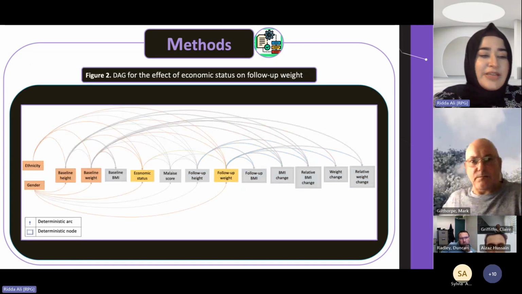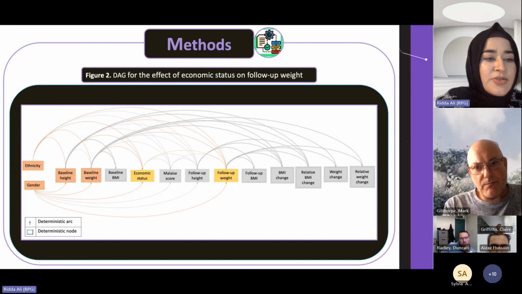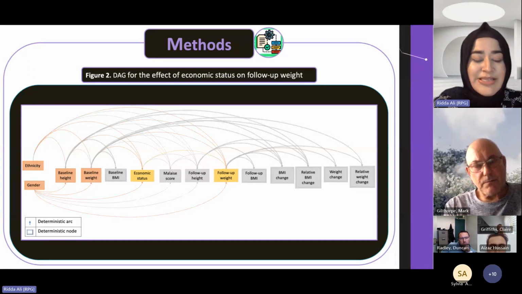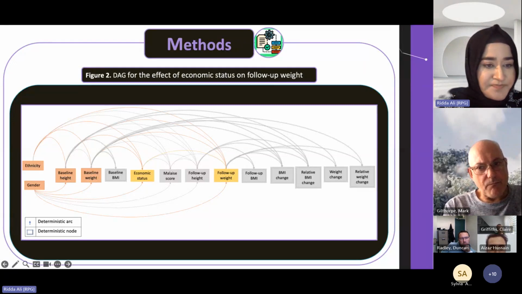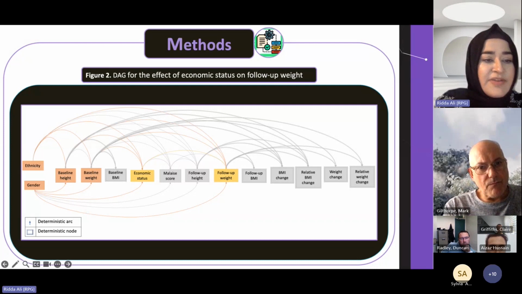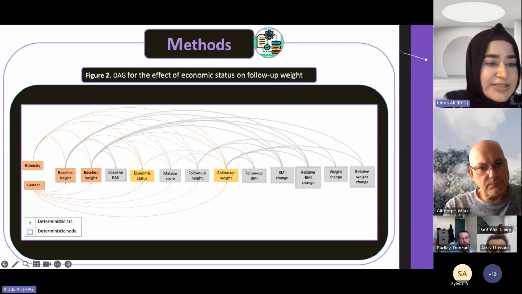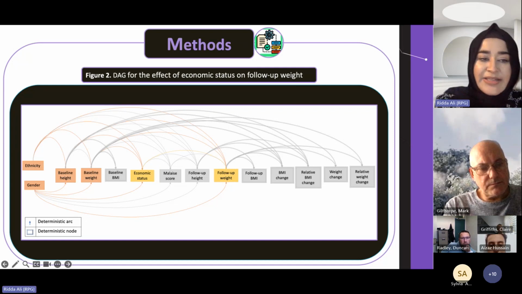So Figure 2 is just an example to illustrate how we can use the DAG to inform our analysis. Figure 2 here shows that to estimate the causal effect of economic status at age 23 on follow-up weight, we conditioned on these potential confounders: ethnicity, gender, baseline height, and baseline weight, because these are the indicated confounders.